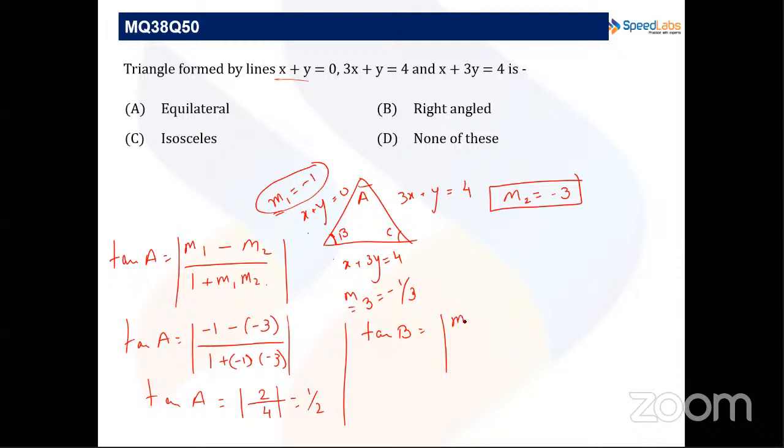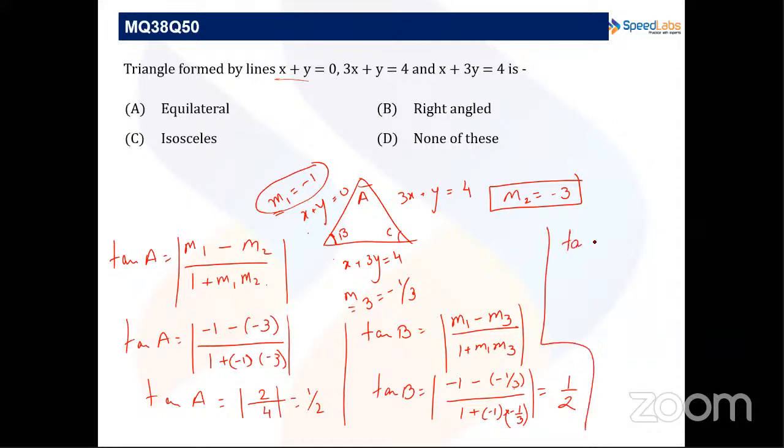So it will be mod of (m1 minus m3) upon (1 plus m1 into m3). So tan B will be equal to mod of (minus 1 minus of minus 1 by 3) upon (1 plus minus 1 into minus 1 by 3). On solving, 3 will go that side, minus 3 plus 1 will be minus 2, and this will be 3 plus 1, so it will be 2. So tan B we will be getting 1 by 2 again.